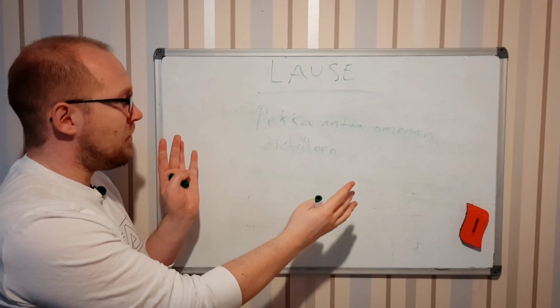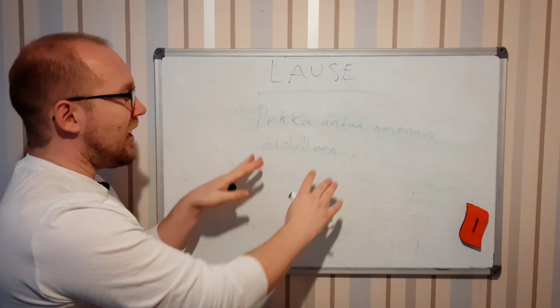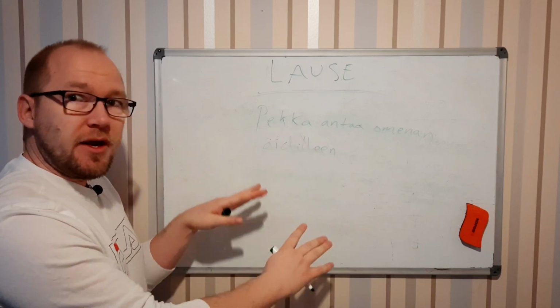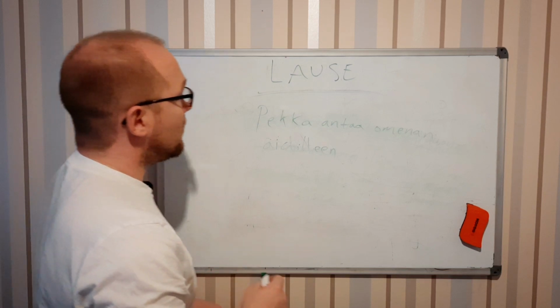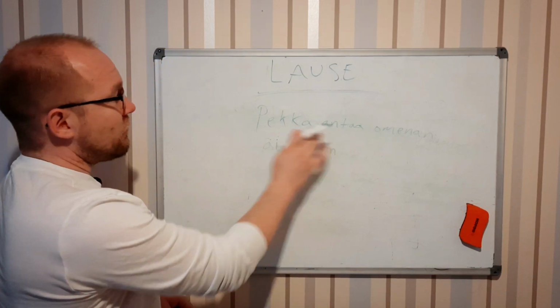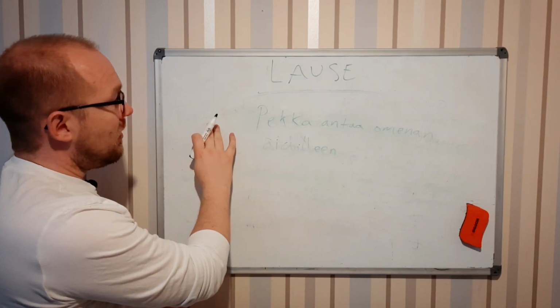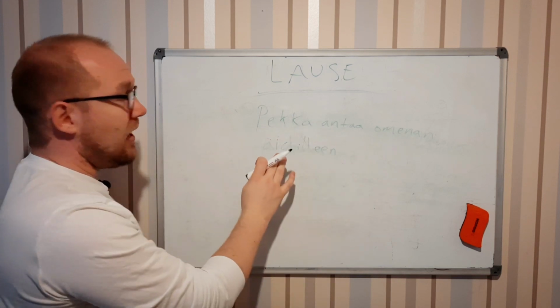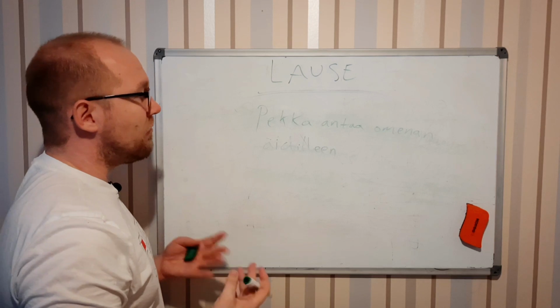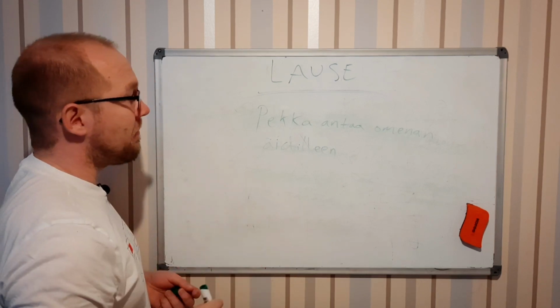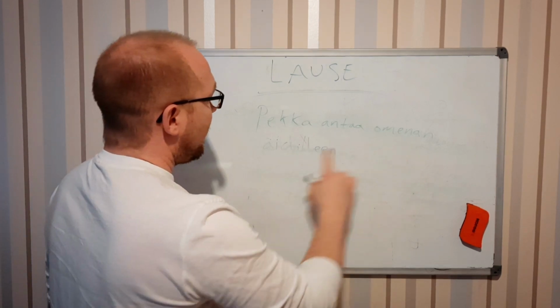Okay. In Finnish we have a word order and it's quite free, but it doesn't always work even if it's free. So for example, if we use the verb here, antaa Pekka omenan äidilleen, it's not natural, but it still works. So Pekka antaa omenan äidilleen.